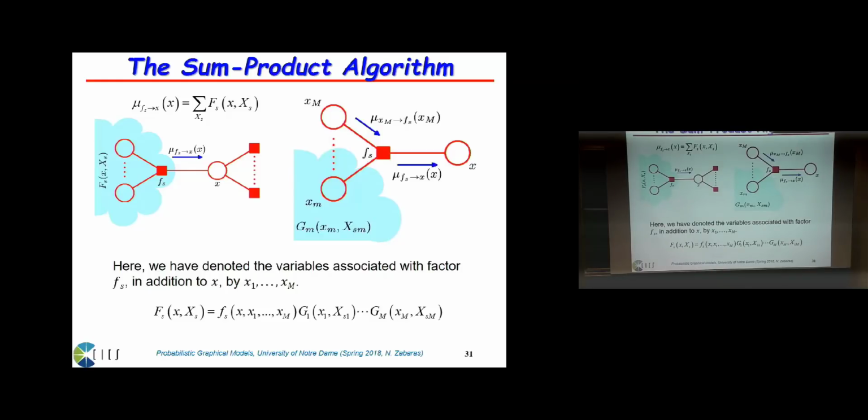Any ideas what that will exactly mean? Obviously, if you're going to need a message from this factor to this node, all right, you need to get rid of everything here. You need to eliminate all these variables. And to eliminate these variables, what type of potentials are being involved?